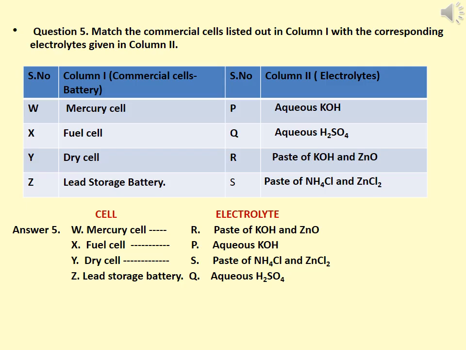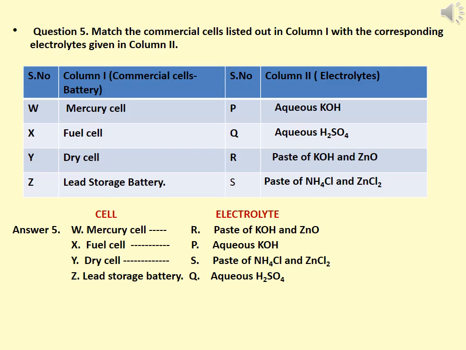Then column 2 electrolytes are listed out, P, Q, R, S. P is aqueous KOH, Q aqueous sulfuric acid, R paste of KOH and zinc oxide, S paste of ammonium chloride and zinc chloride. So we have to match the commercial cells listed out with the corresponding electrolytes in them.